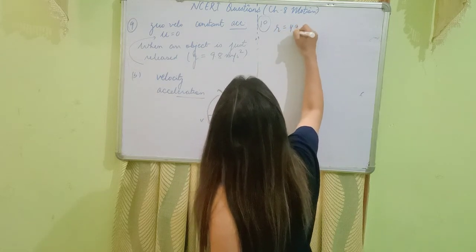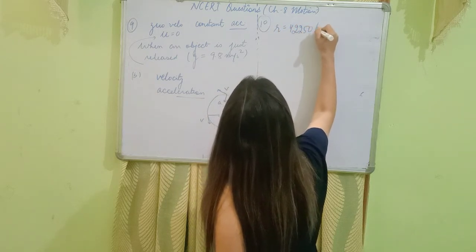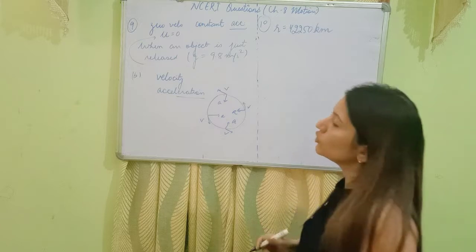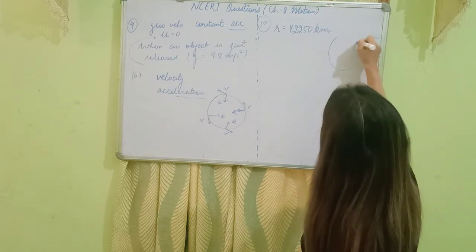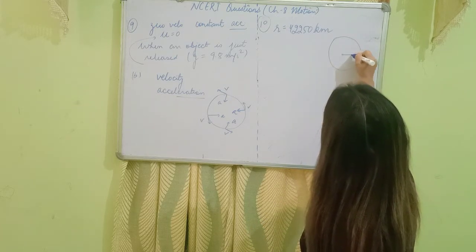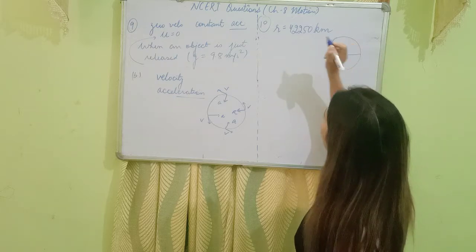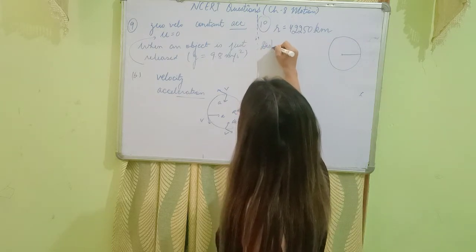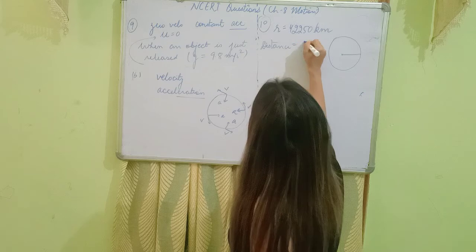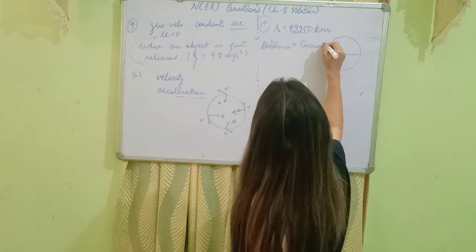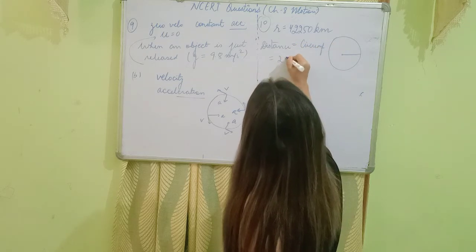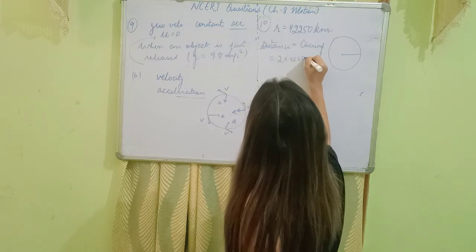Radius is 42250 km and the satellite is in uniform circular motion. So what will be the distance covered in one round? Distance will be the circumference of the circle. Distance is equal to circumference is equal to 2 into pi into r.